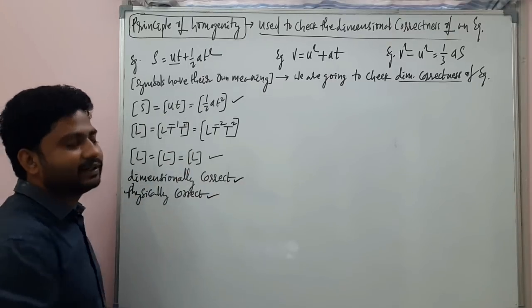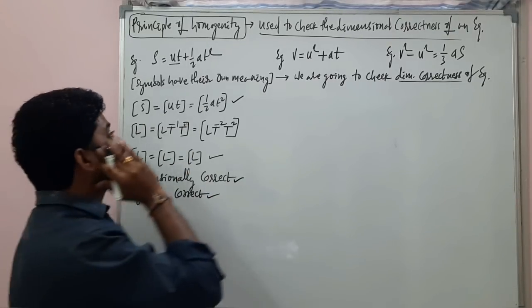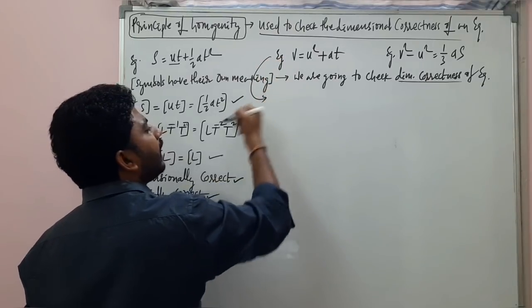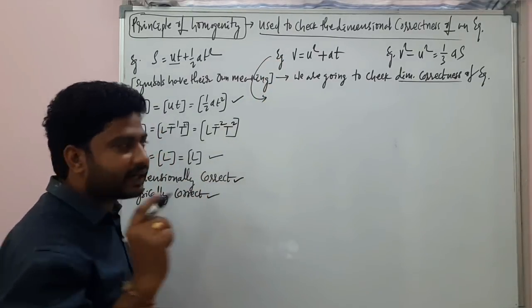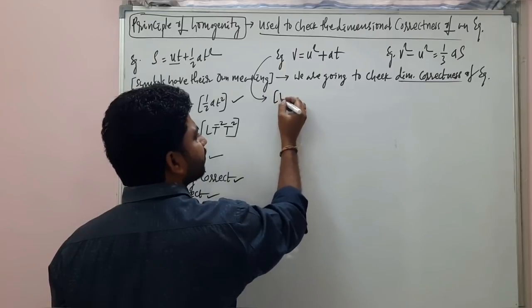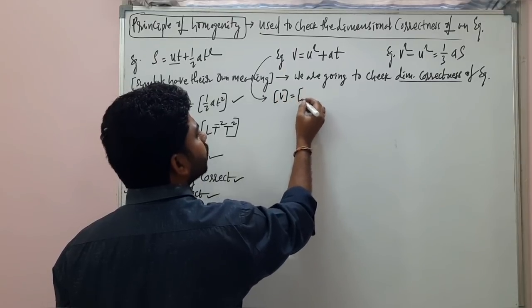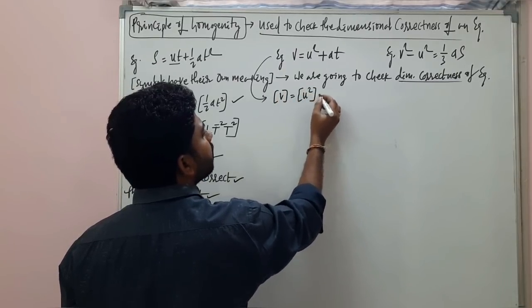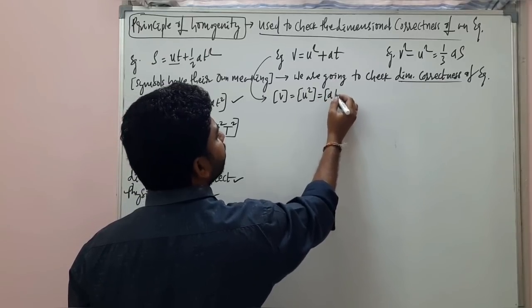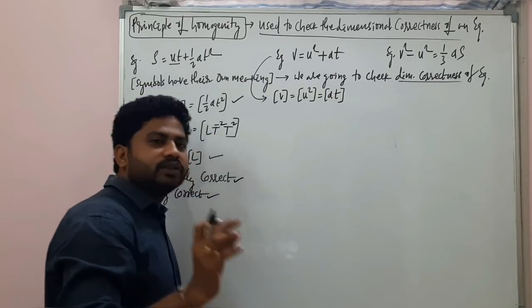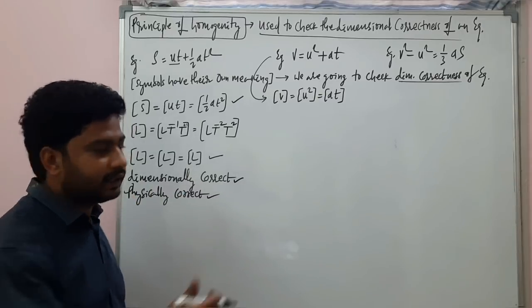Come back to the second example. According to dimensional correctness, the dimensions of V must be equal to dimensions of U square, must be equal to dimensions of A into T. Then this equation is dimensionally correct. Let's check.